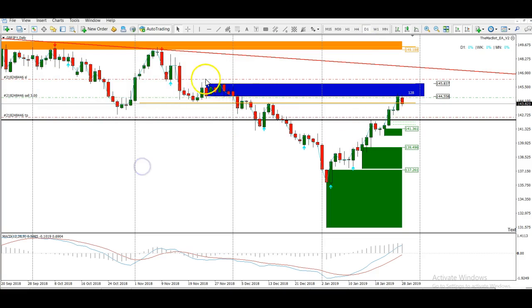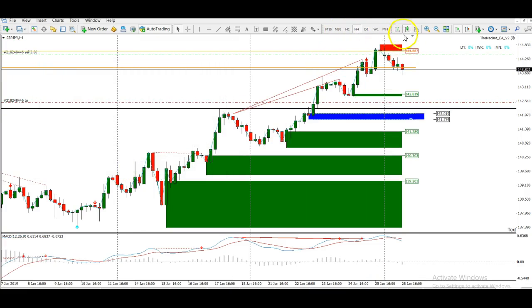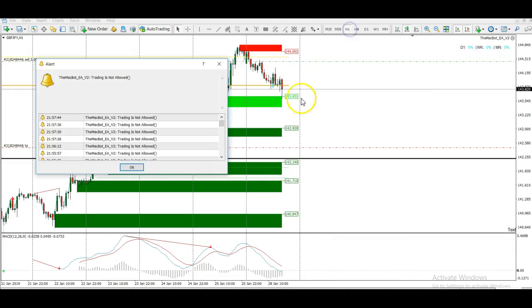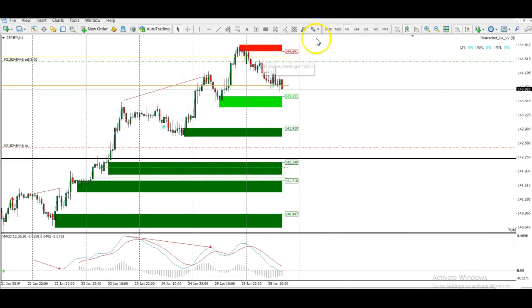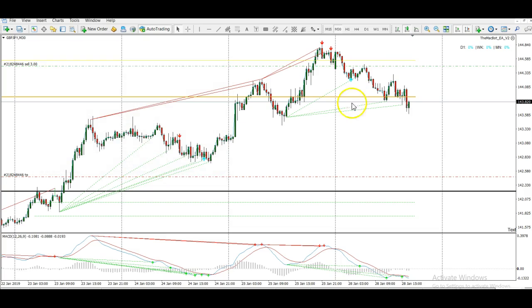What we look for is a 4-hour inside the daily, which we had up here from a previous move over here, and then all we wait for is a signal to enter the market. Okay, divergence signal, which we got many of them Friday evening on the close, which I opened my trade this morning on the open.